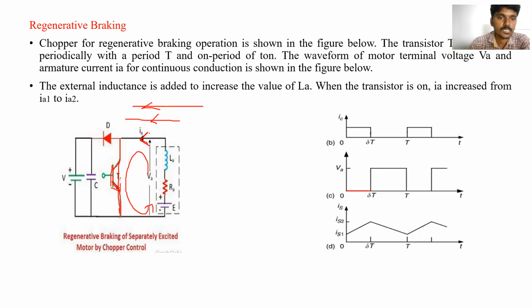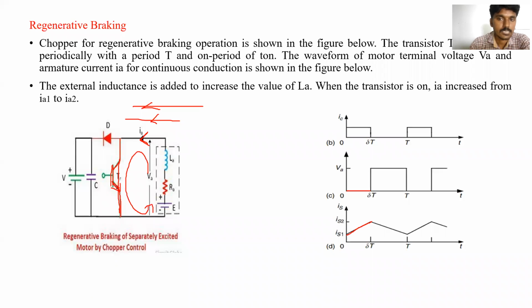But in this circuit, this direction is assumed as positive. So the current is positive. The current is increasing from the minimum value to the maximum value during this on time.